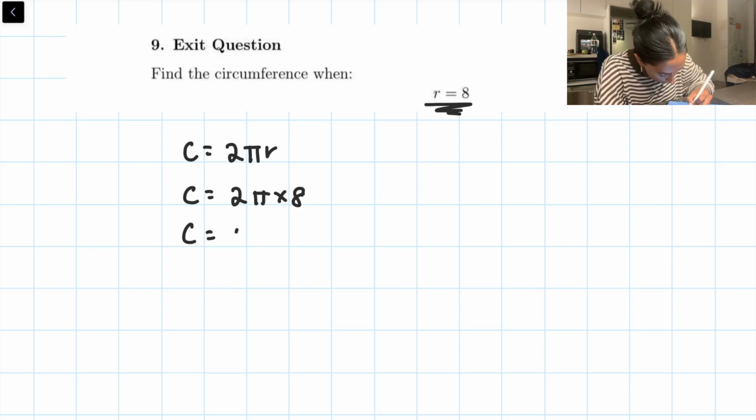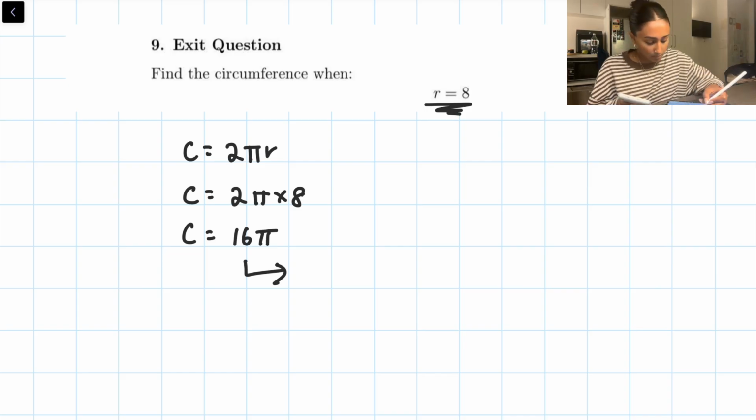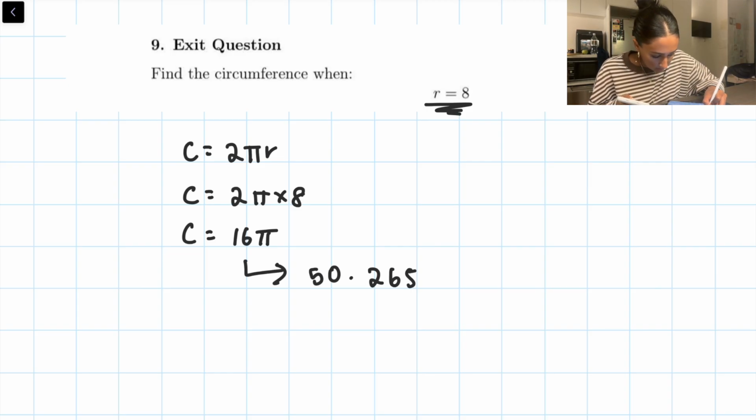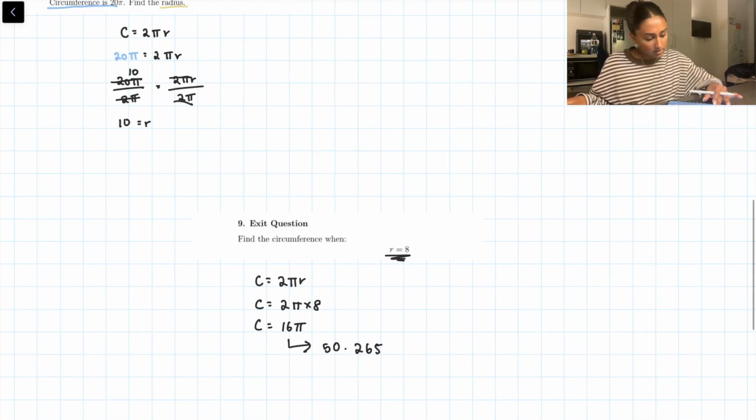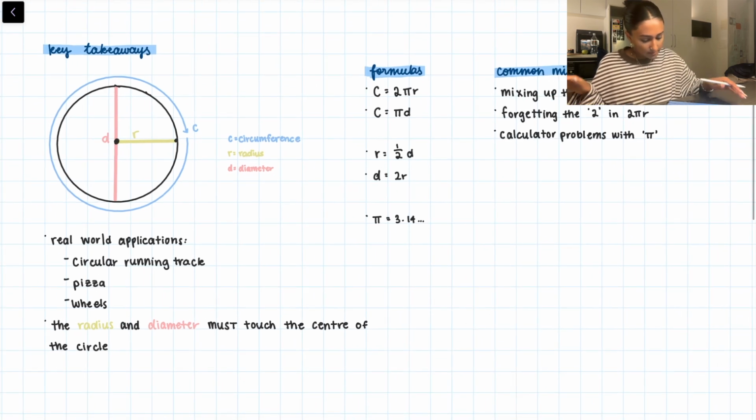C is equal to 16 pi. If you put that in your calculator, you end up with 50.265.